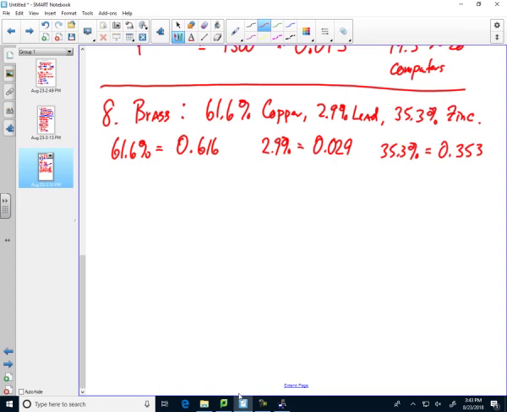You were also missing tin. 0.2% is tin. T-I-N. Oh, did I miss one? Yeah, I did. We can't put that in there. My page is not wide enough. I thought you were just skipping it. I don't have enough room.